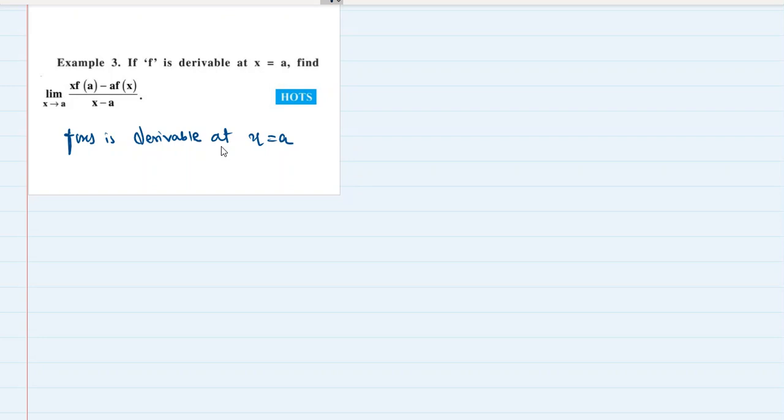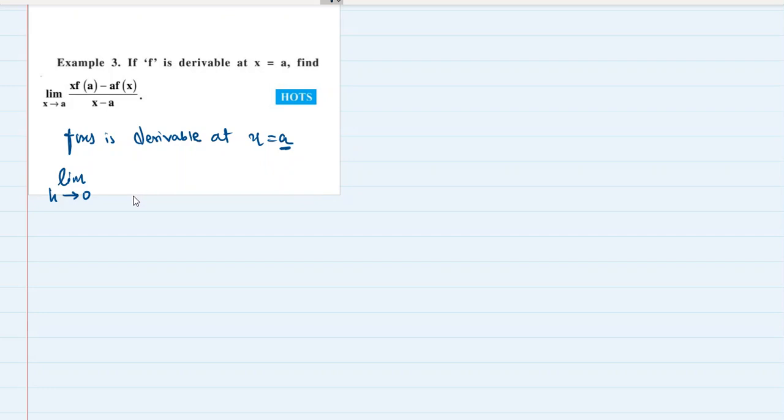So, if f of x is differentiable at x is equal to a, then we can say that limit when h approaches 0. See, the point at which our function is differentiable is a, that is the c.